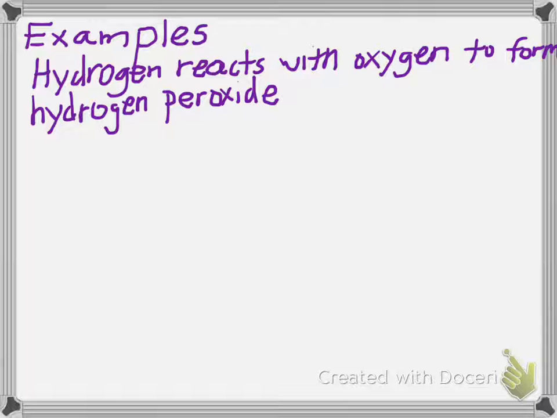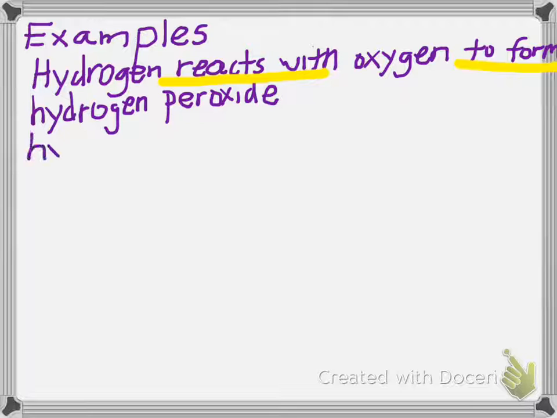Okay, so our first example, and this example was from earlier in your notes. You had the sentence that hydrogen reacts with oxygen to form hydrogen peroxide. Remember, the first thing we want to do is make this our word equation. So we're going to get rid of things like reacts with, to form, and those are going to become symbols.